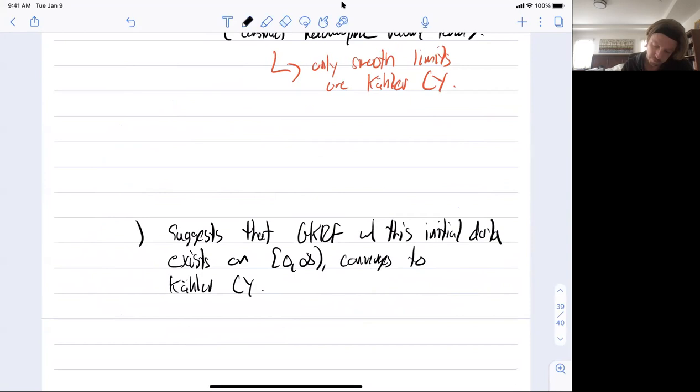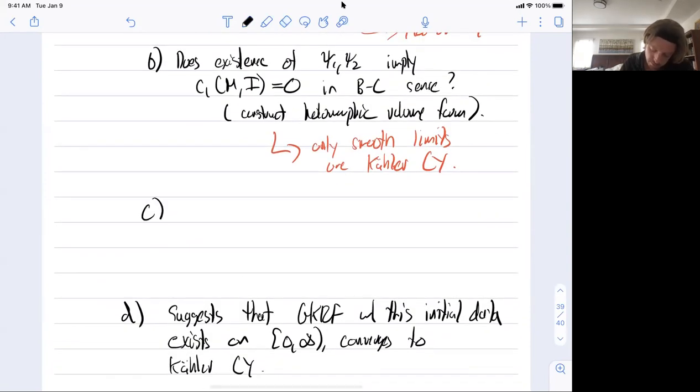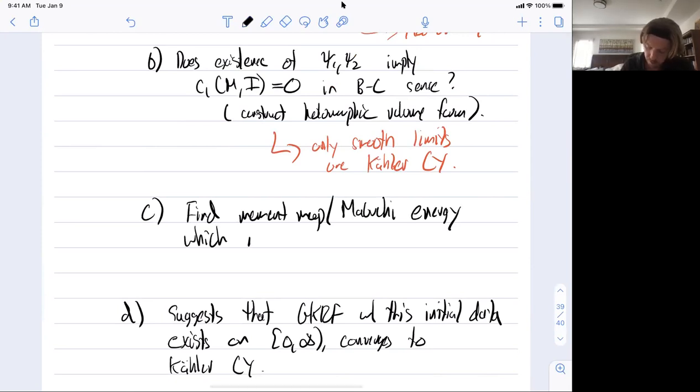So this can be B. And C is maybe to find a moment map or Mabuchi energy, which is monotone, with phi equals constant as critical points.